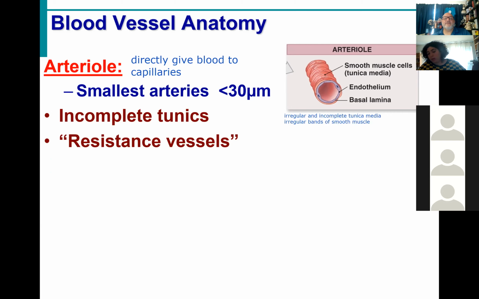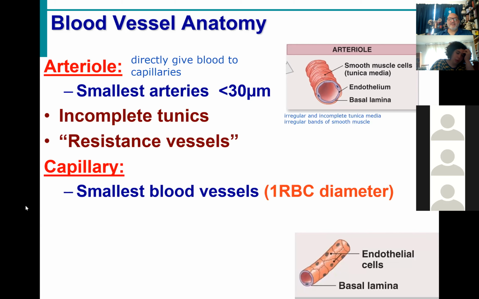All right. So arterioles, definitely small arteries, but they also are incomplete in their anatomy. They feed blood into the capillaries, and they play this important role in blood pressure. Speaking of the capillaries, capillaries are by far the smallest of our blood vessels. Basically, their diameter is the same size as a red blood cell.